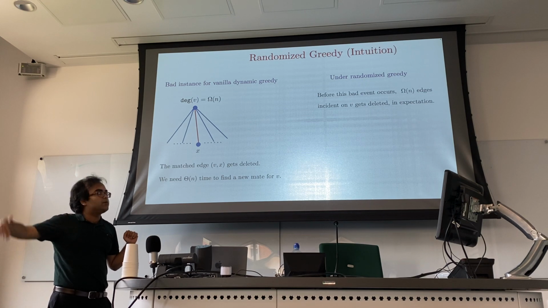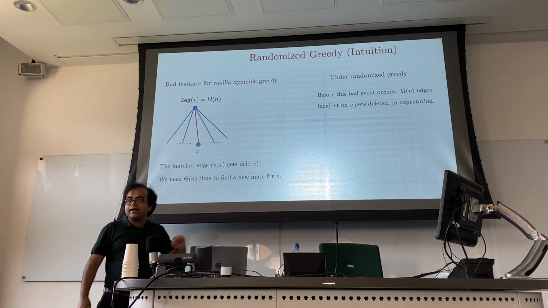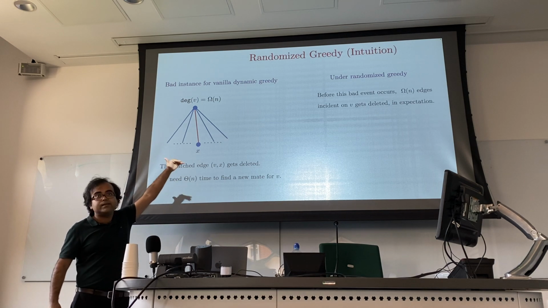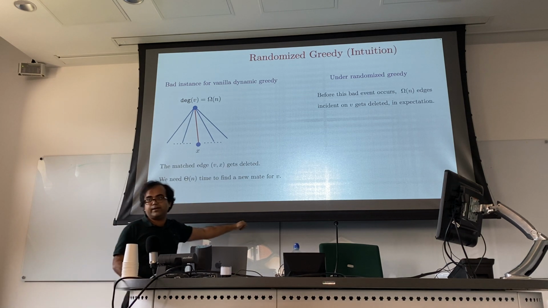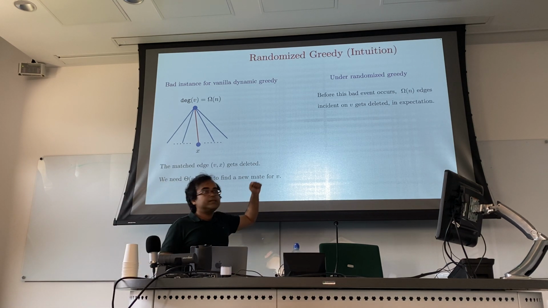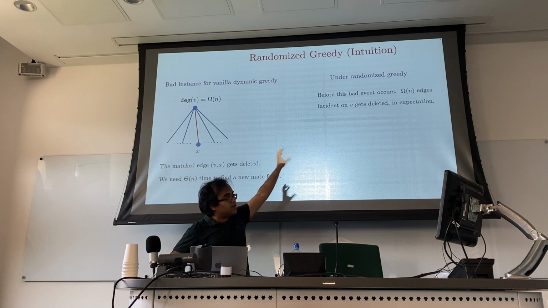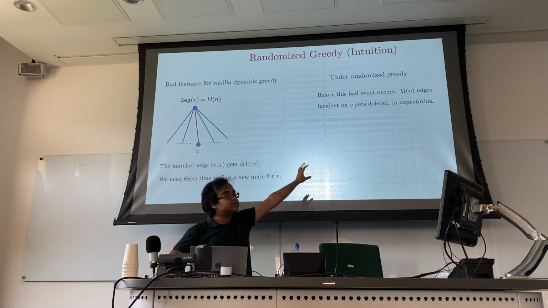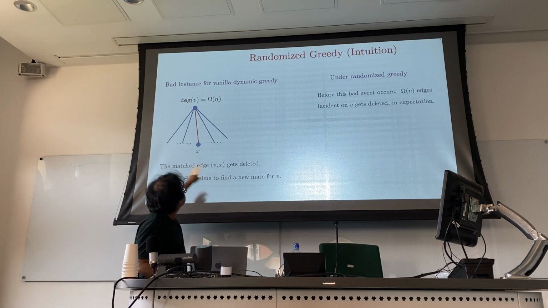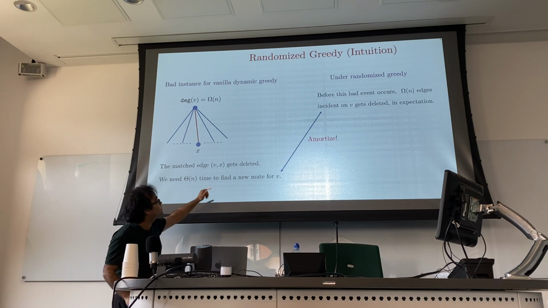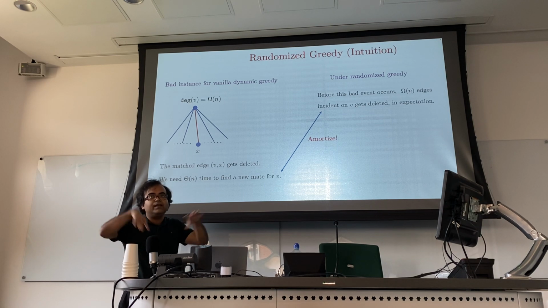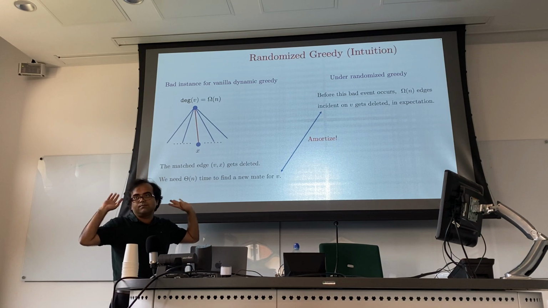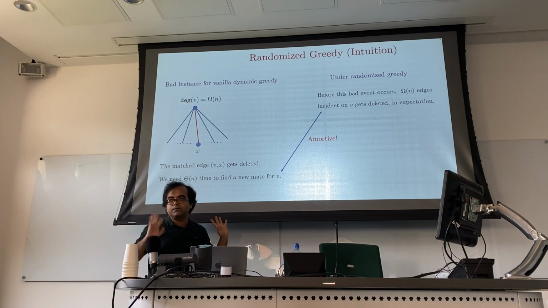And if the updates are oblivious to this source of randomness, at least half of the edges incident on V in expectation need to be deleted before you hit this bad event. So this bad event in expectation occurs after omega n many deletions. When the bad event occurs, you need to spend order n time, but now you can amortize, because you are spending order n time, you are waiting for omega n updates. But this is a very, very high level intuition as to why this works, not the analysis.